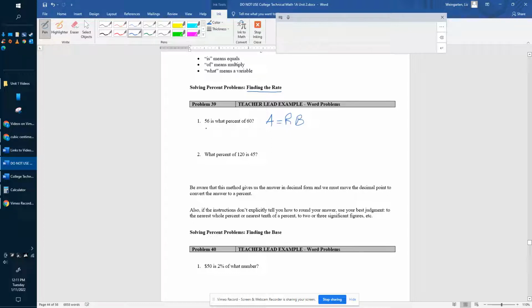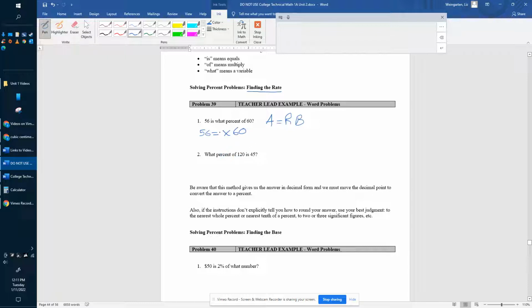So looking at number 1, 56 is what percent of 60? So let's read this, looking at our algebra words. 56 is means equals what percent, x percent, of 60.